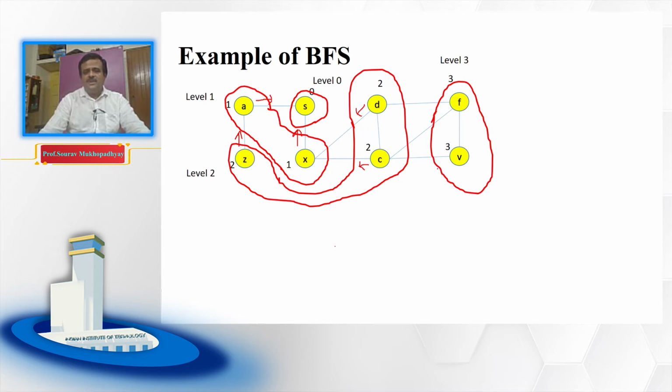This is the parent pointer of this vertex, and this one, depending on which one made this label change.